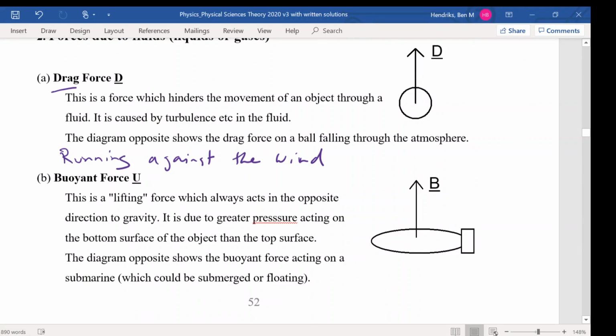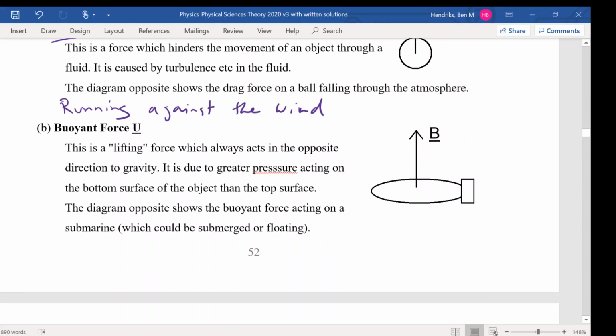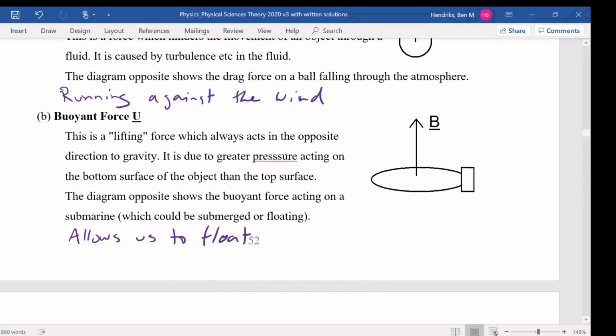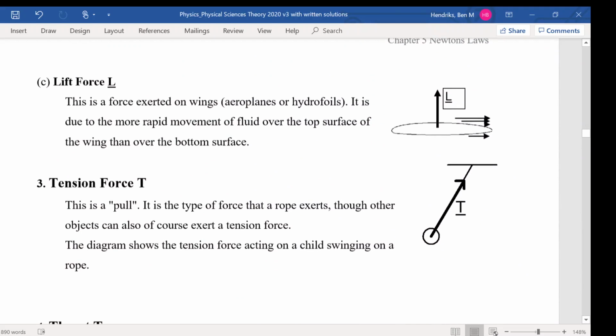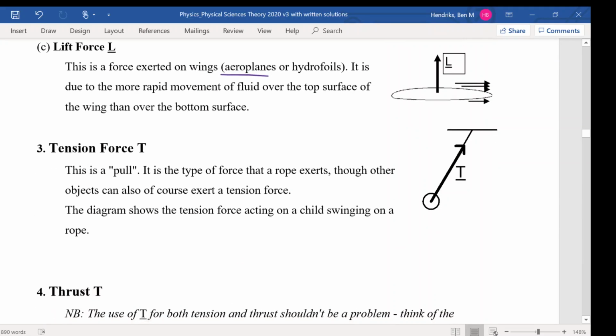It's just the force of the air particles against whatever object is moving through them. Buoyancy force allows us to float, and I encourage you to read the extra notes in there as well. Lift force allows aeroplanes to fly as well.